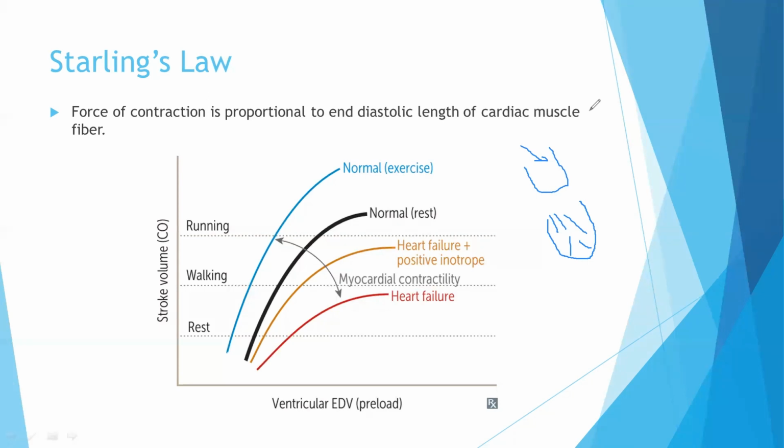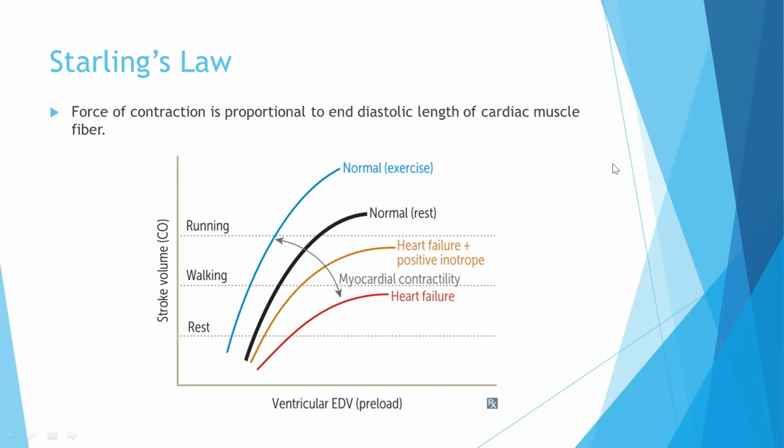In this picture we can see that in case of heart failure, there is a decrease in the myocardial contractility, so there will ultimately be a decrease in the stroke volume. In case of exercise, there is an increase in the contractility, an increase in the heart rate, and there will be an increase in the stroke volume.